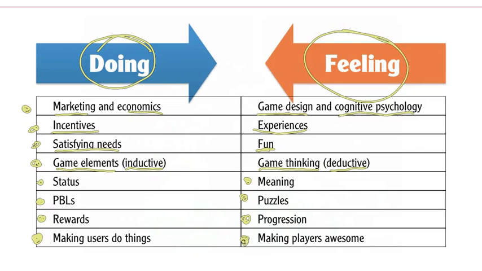Making players awesome is about figuring out in the first instance what it is that will help someone achieve their full potential and focusing more on that, focusing more on the user's goals than the external goals of some organization or company vis-a-vis those users.